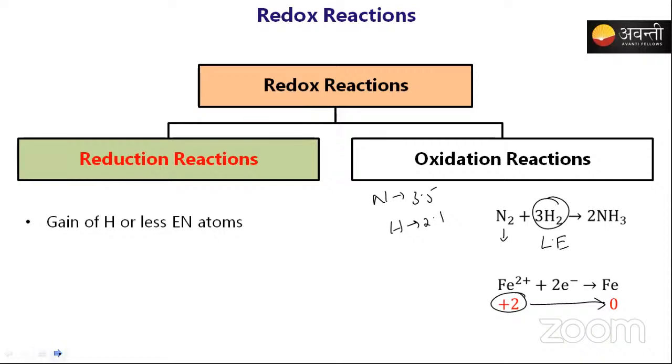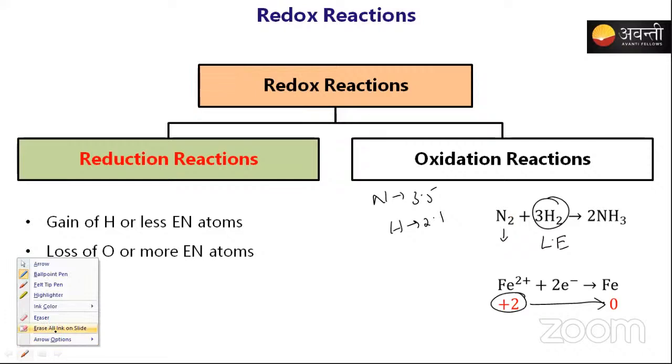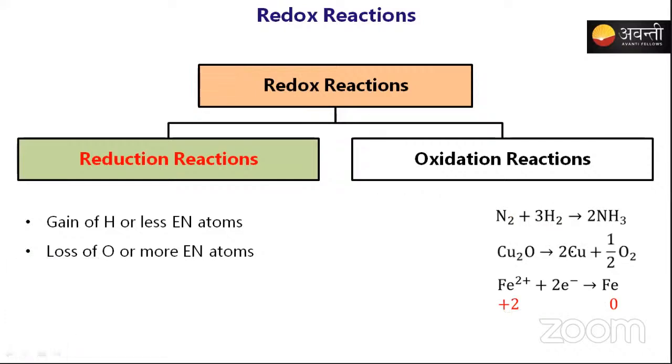The next one is loss of oxygen or a more electronegative element. If you see here, oxygen was there, and now it has been lost. So that's why we are going to call it also reduction. So reduction is basically addition of hydrogen, and another one is the loss or removal of oxygen.